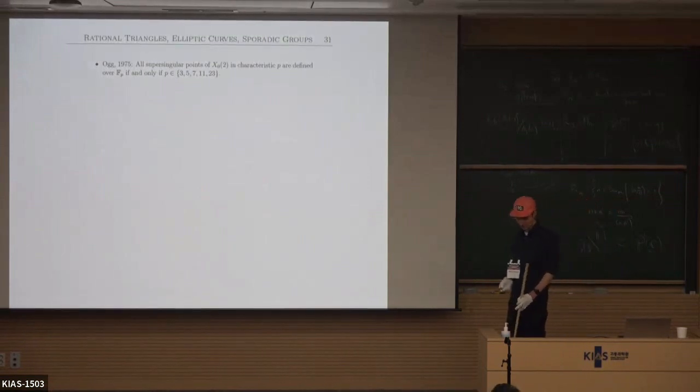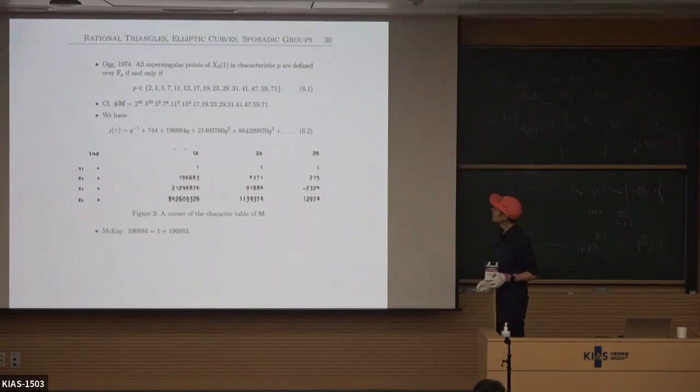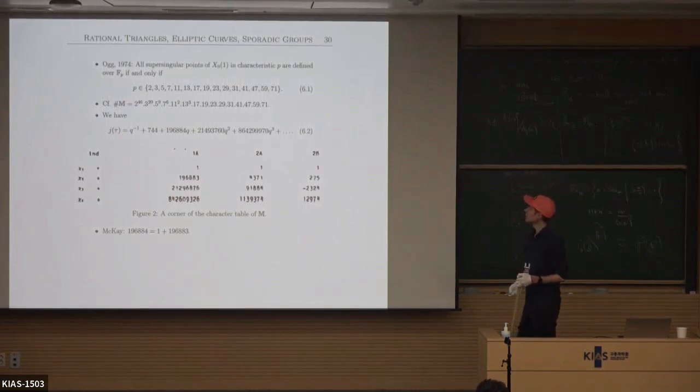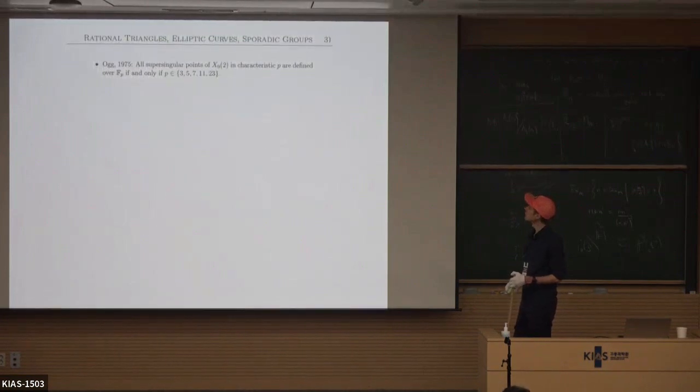But I want to tell a different story. After Ogg's result from 1974 that started off moonshine, a little bit later he looked at the supersingular points of higher level modular curves.